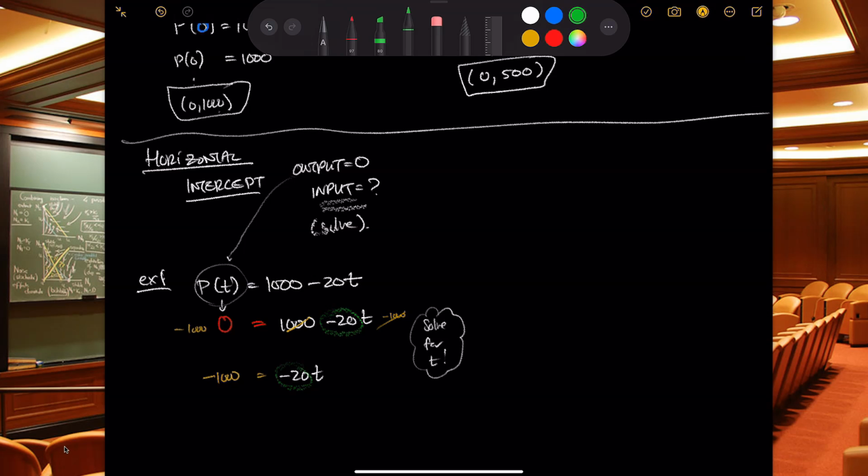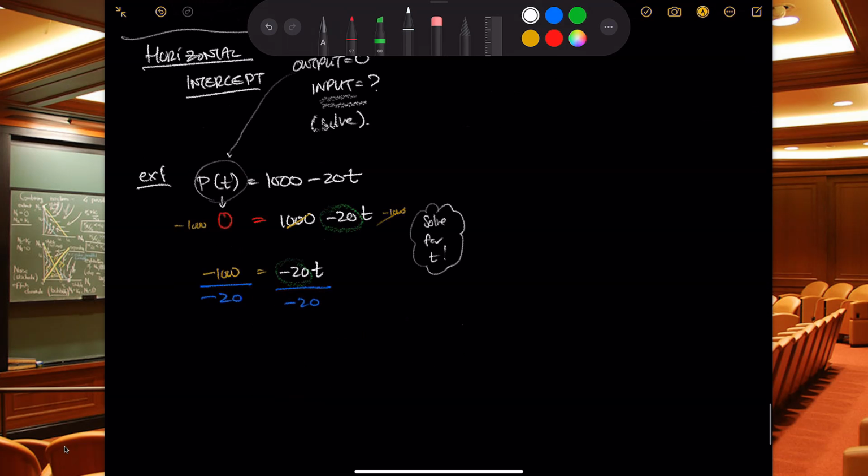Always look to the left. And then we divide by negative 20 on both sides to solve for what the t value is, what the horizontal value is when the output is 0. And so negative 1000 divided by 20 is positive 50.